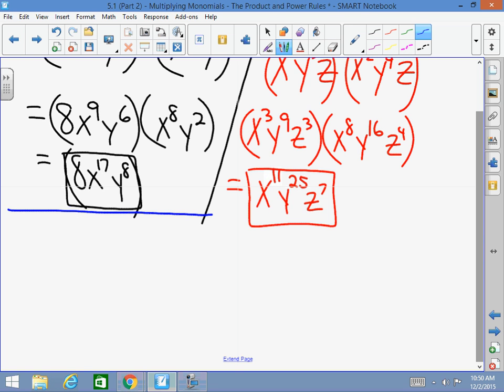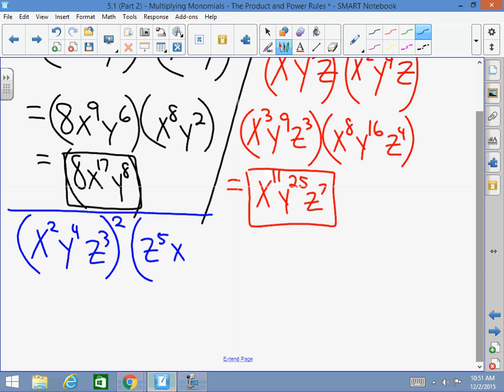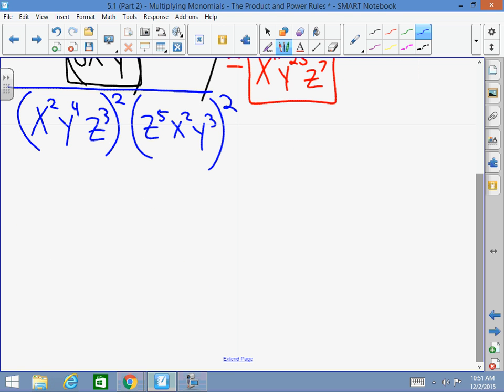Let's say I have x squared y to the fourth z cubed squared, but then over here I have y to the fifth x squared y cubed squared as well. The question was, but the order is different. It doesn't matter because of what property? The commutative property of multiplication. You can change the order of multiplication without changing the answer. So thank you. It's a wonderful question.